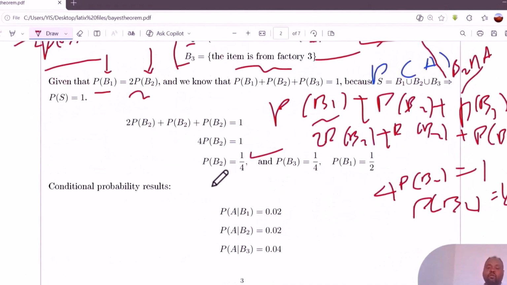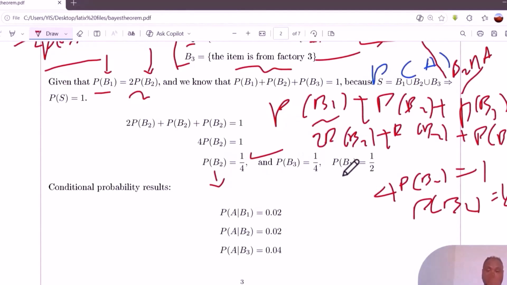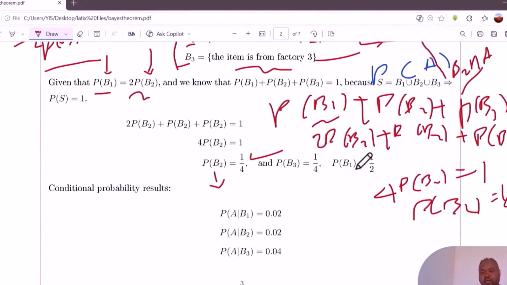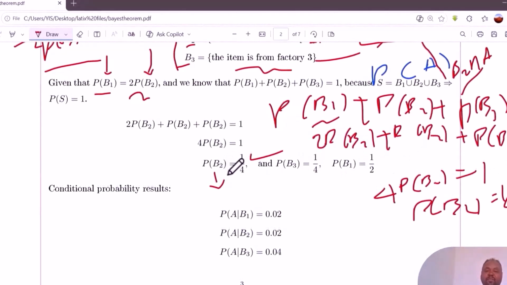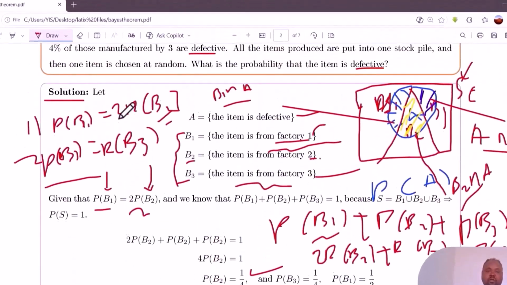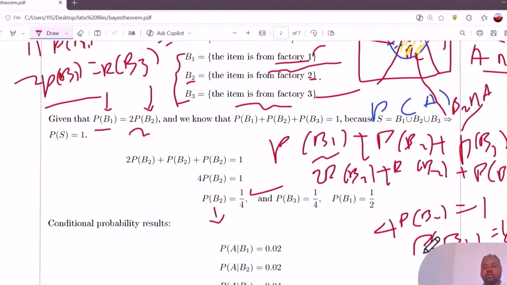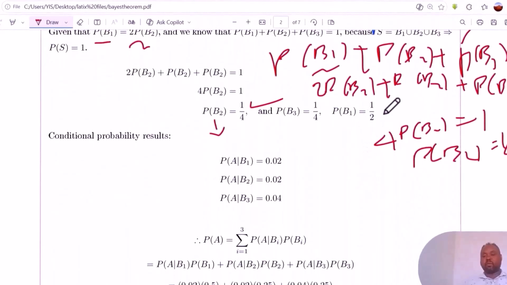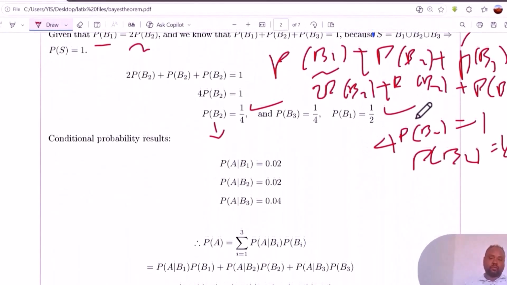This is the probability of getting an item produced from machine 2: 1 over 4. And we know that the probability of B2 is equal to the probability of B3, 1 over 4. But the probability of B1 is 2 times the probability of B2, from this note. So the probability of getting an item from machine 1 is 1 over 2.